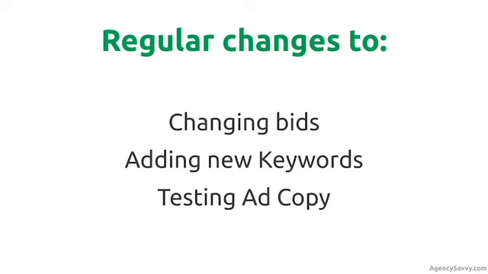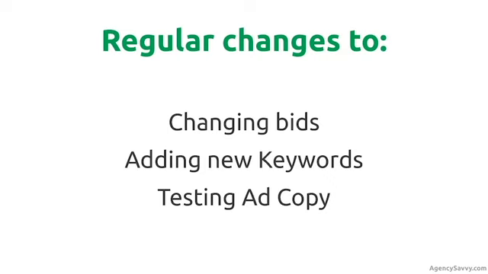Adding new keywords. We talked about this a little bit in the keyword module, about the difference between keywords and search queries. Remember the magnet? If the search query is a close enough match to your keyword, then there's a chance that that person's going to see your ad.